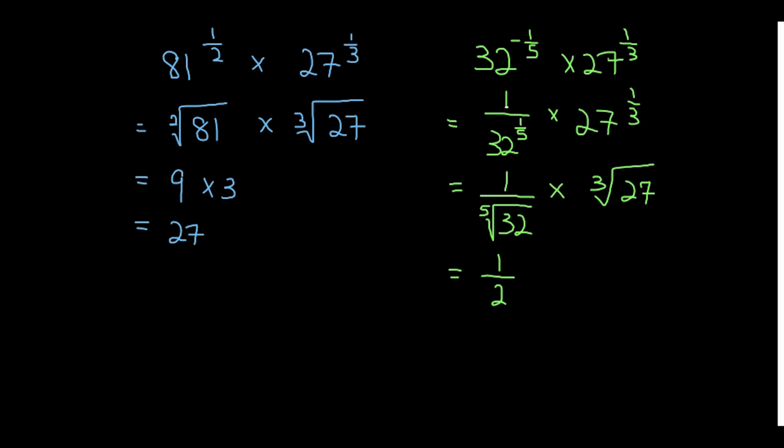Alright? Multiplied by the cube root of 27, which is 3. We worked that out before. And a half by 3. What is the answer? A half by 3.